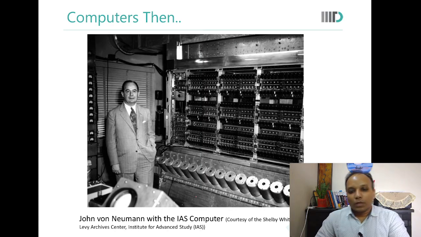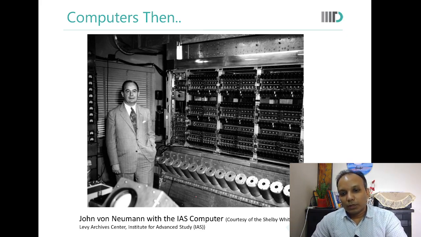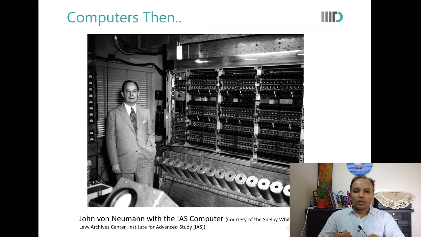All right. So going forward, let us very briefly look into the way the computers looked earlier. So this is one of the early computers developed by John von Neumann, who is also one of the pioneers in computer architecture, and it is named IAS computer.